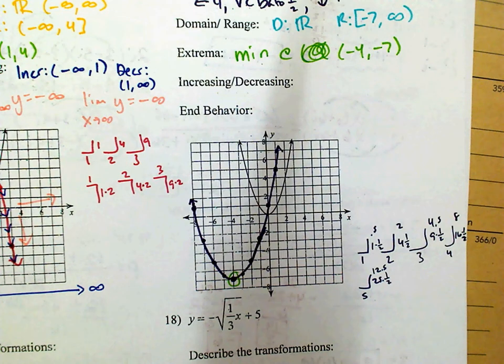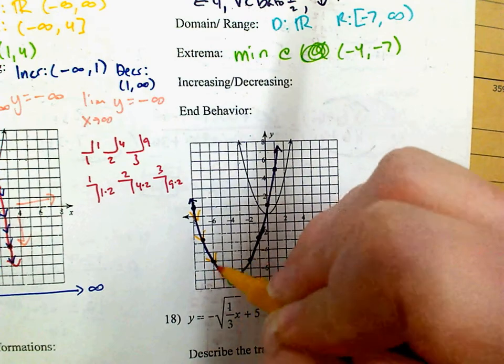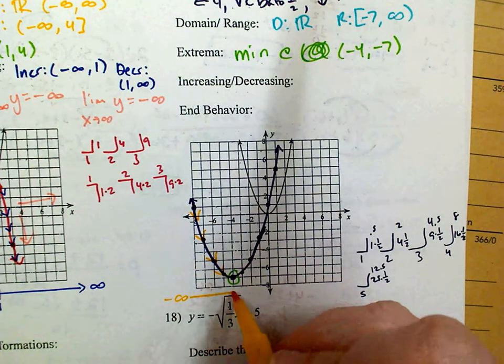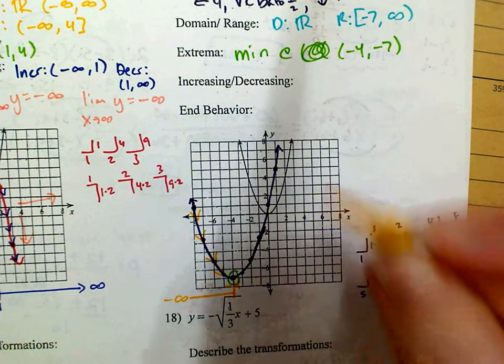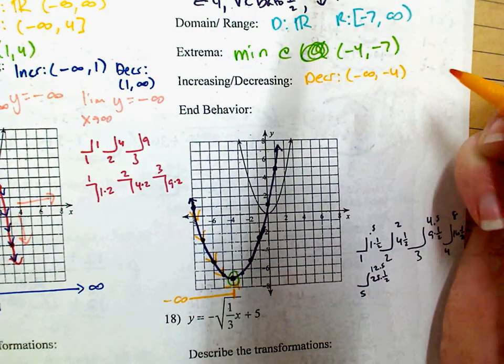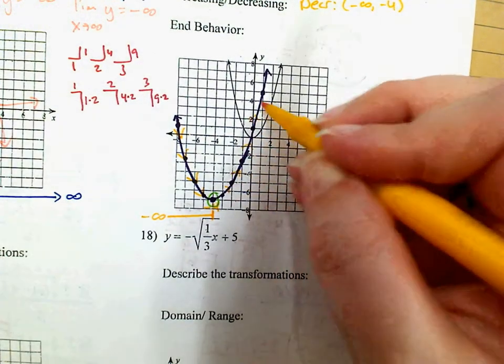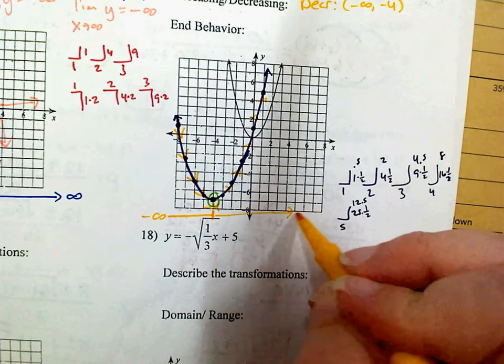So I'm decreasing from -infinity until -4. And then after that, the function is increasing from -4 to positive infinity. Okay?